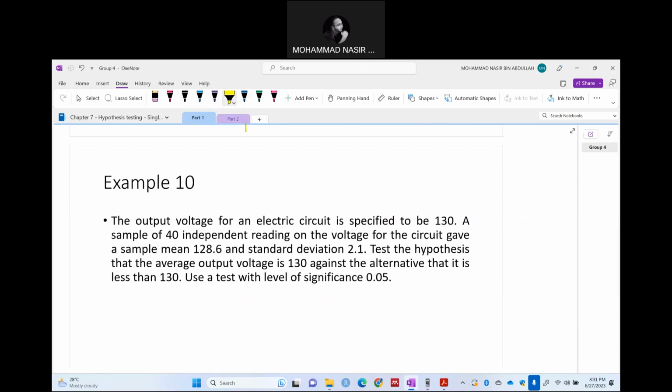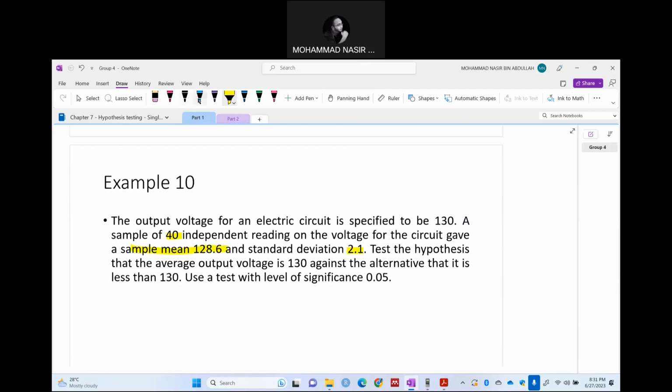Right. So we have a sample of 40 independent readings. Sample mean 128 and standard deviation 2.1. So it gives us the sample mean and sample standard deviation. Since n is more than 30, we use Z distribution, right?